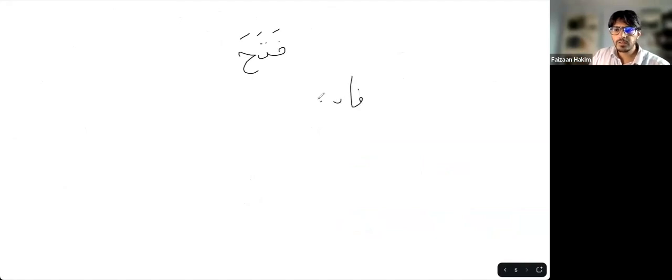If you've done that, you might see it's fatih and maftuh. The fatih is going to be the one who opens, i.e. the opener. Maftuh means it's opened. Huwa maftuhun. See, al-babu maftuh. The door is open.